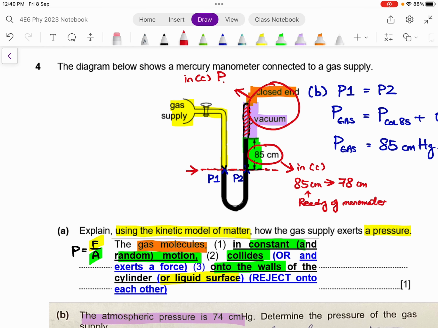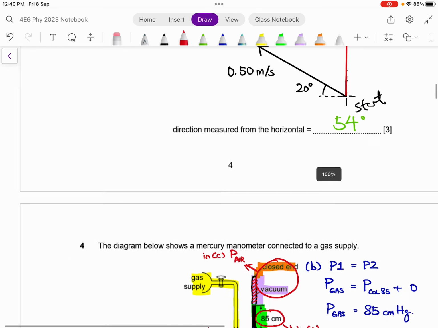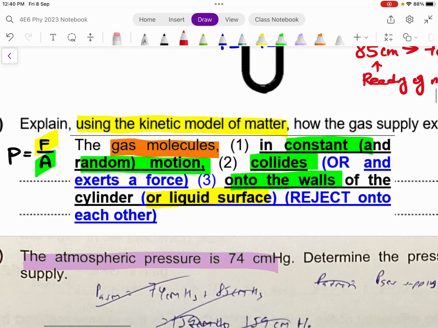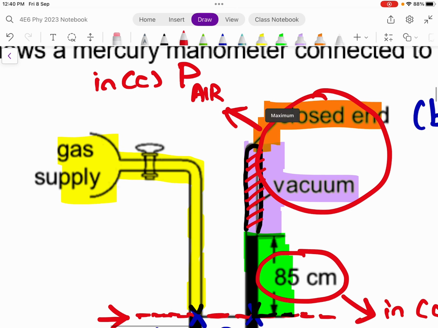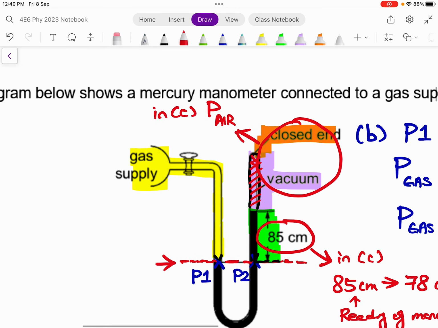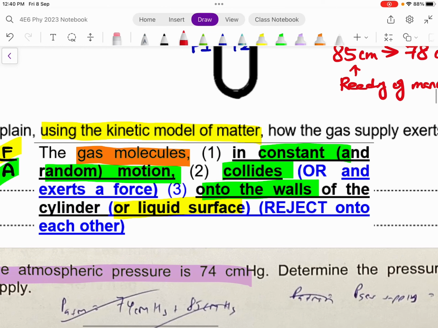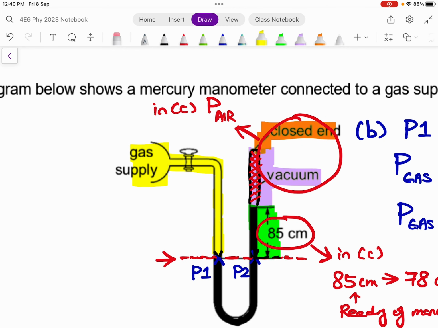So there is some air inside, and if there's air inside, there will be molecules. As explained earlier, as long as gas molecules enter this space, the gas molecules will collide with the walls and exert a pressure. So now we call this the pressure of air inside this initially vacuum space.